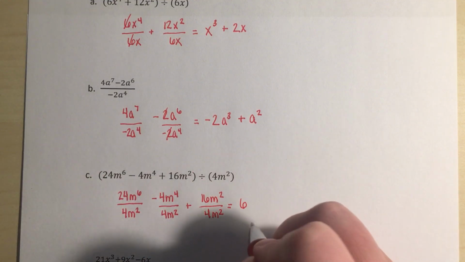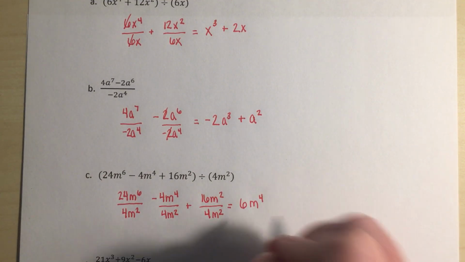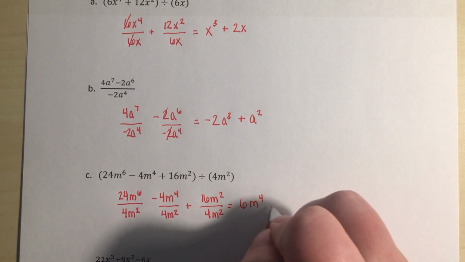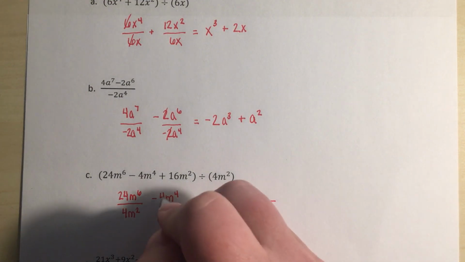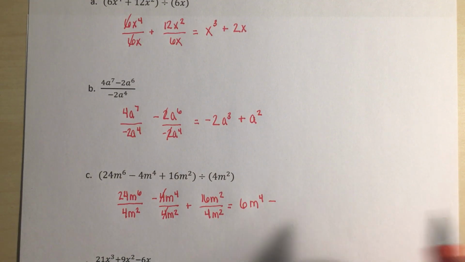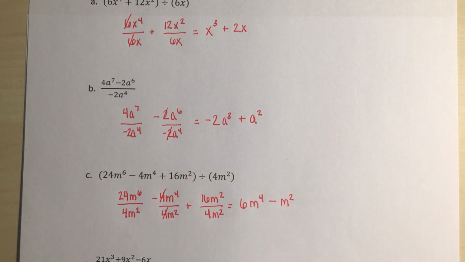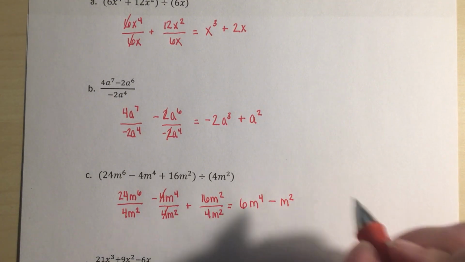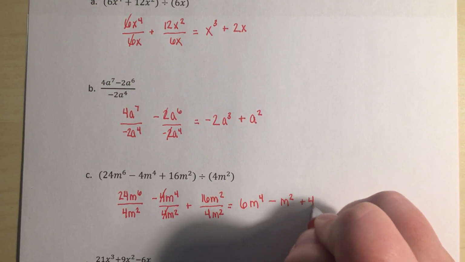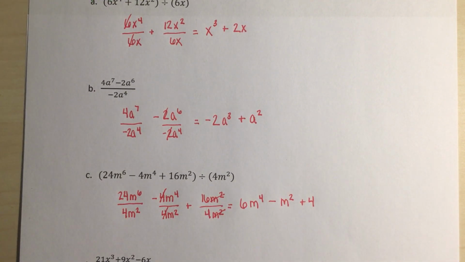M to the 6th divided by m squared, we subtract, we get m to the 4th. Negative divided by positive is negative. Our 4's cancel. M to the 4th divided by m squared, we subtract. 4 minus 2 is 2. 16 divided by 4 is positive 4. Those m squareds cancel, and we end up with 6m to the 4th minus m squared plus 4 for our final answer.